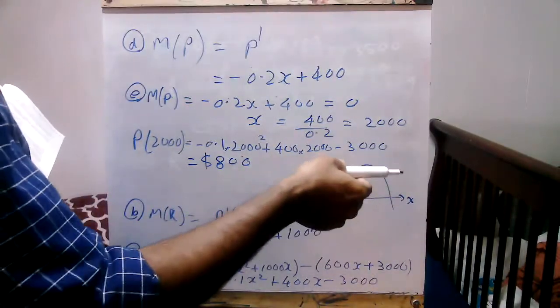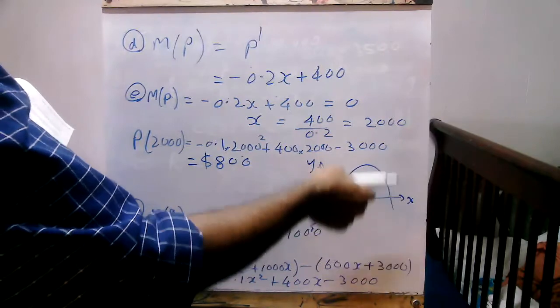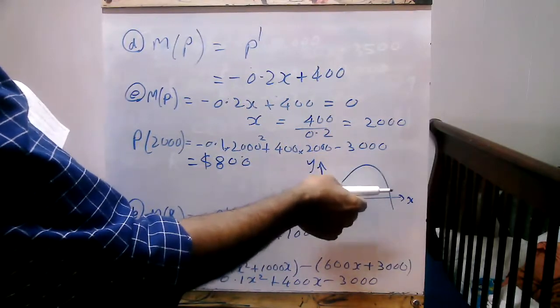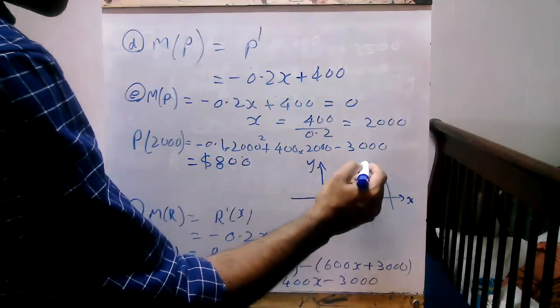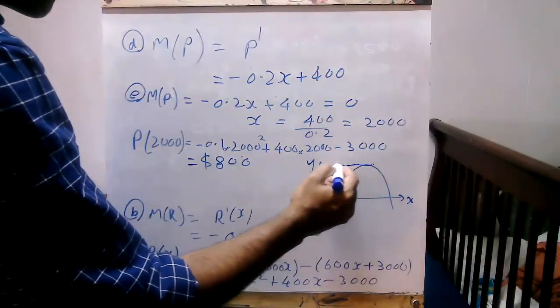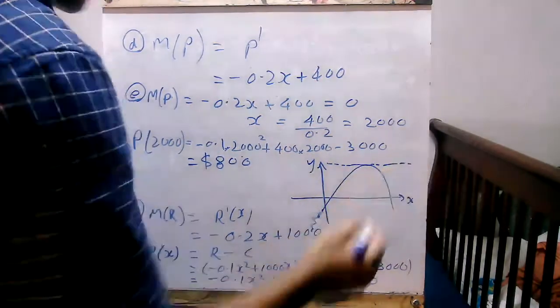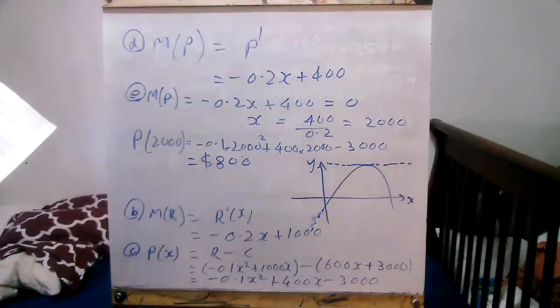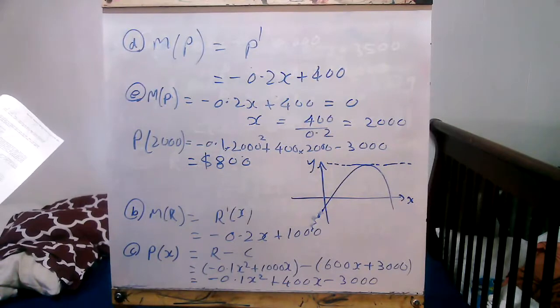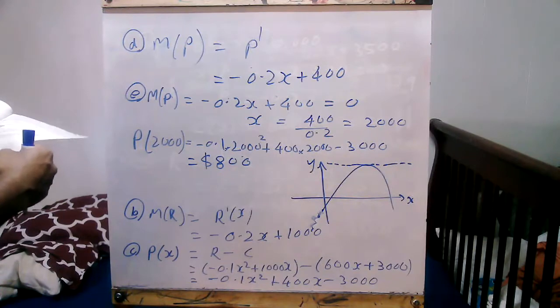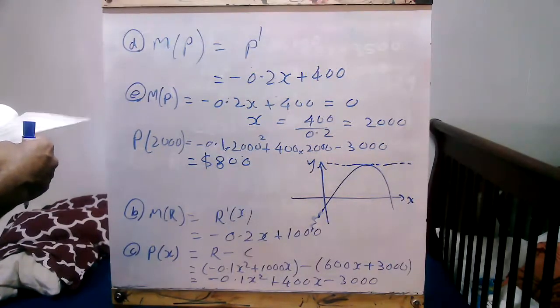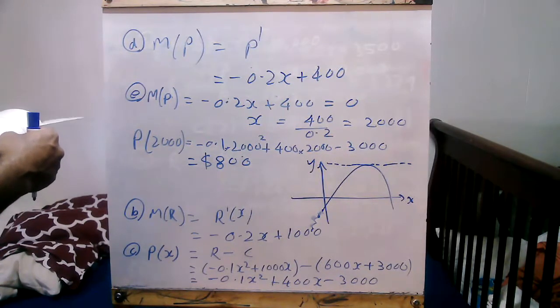Slope of the line is 0 when it is horizontal. The horizontal line, the only horizontal line touches this curve is right here. Right? That is where the marginal profit is 0.